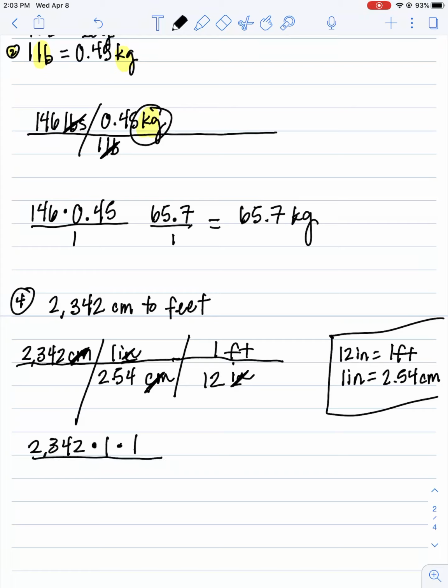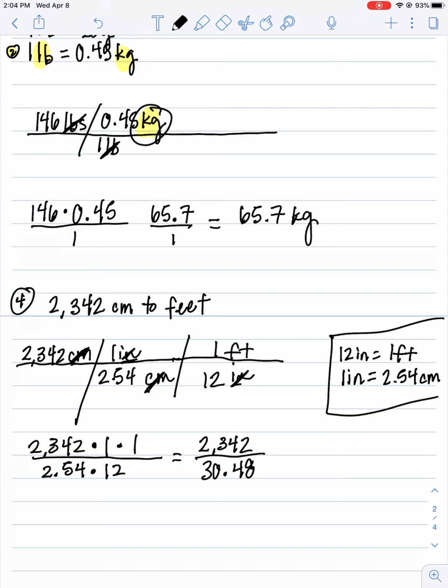So if you multiply, the numerator is 2,342 times 1 times 1 over the denominator, which is 2.54 times 12. Well, 2,342 times 1 times 1 is just 2,342. 2.54 times 12, guys, is 30.48.